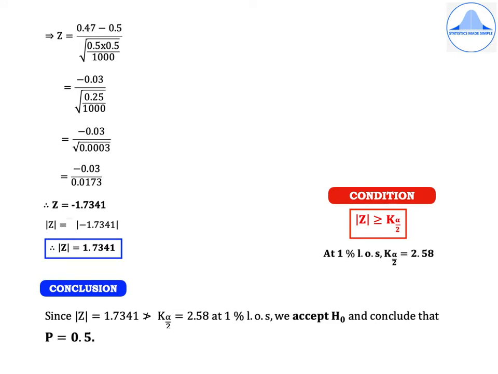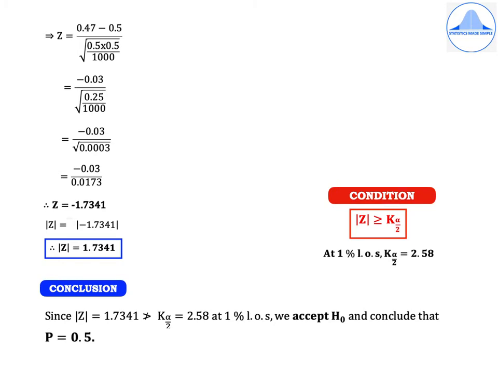So now the condition which is used for a two-tailed test is you have to check whether mod z is greater than or equal to k alpha by 2. If it is greater than or equal to k alpha by 2, then we reject H naught, otherwise we accept H naught. So at 1% level of significance, k alpha by 2 is 2.58. So let us now find out mod z, which will be modulus of minus 1.7341.